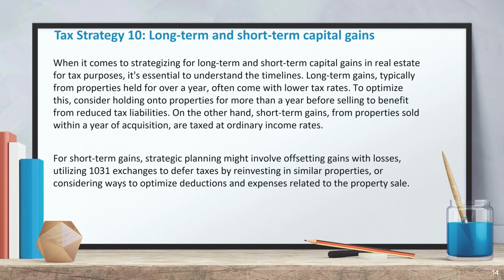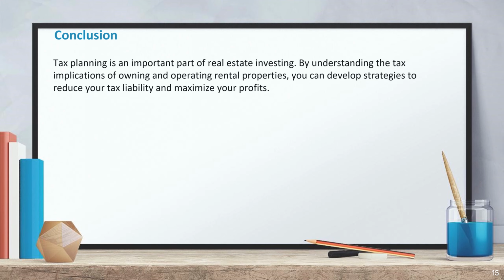On the other hand, short-term gains from properties sold within a year of acquisition are taxed at ordinary income rates. For short-term gains, strategic planning might involve offsetting gains with losses, utilizing 1031 exchanges to defer taxes by reinvesting in similar properties, or considering ways to optimize deductions and expenses related to the property sale.